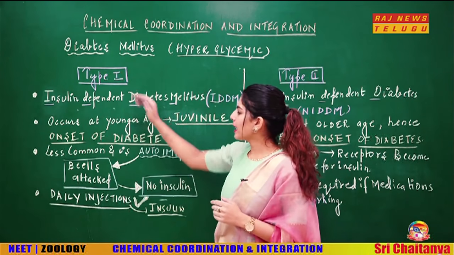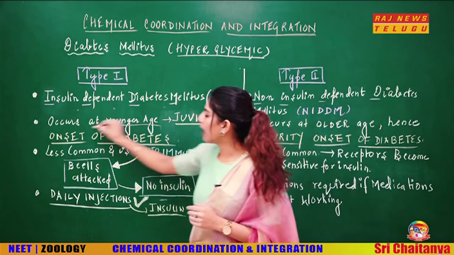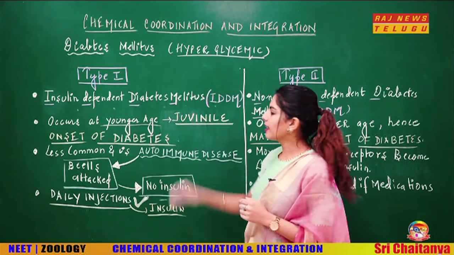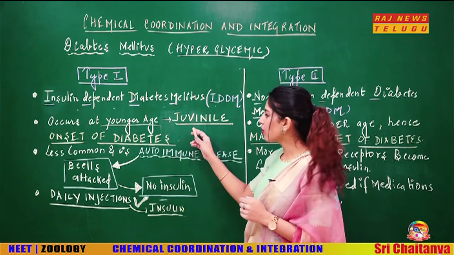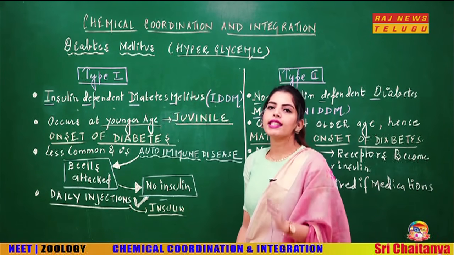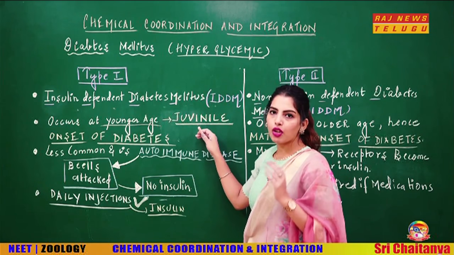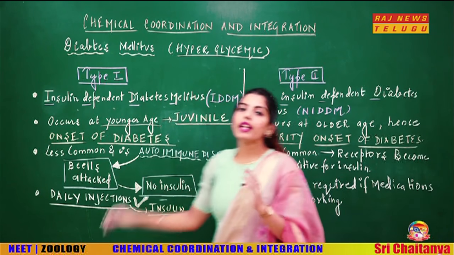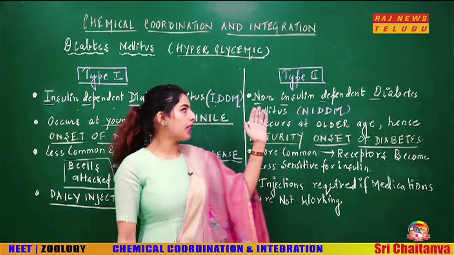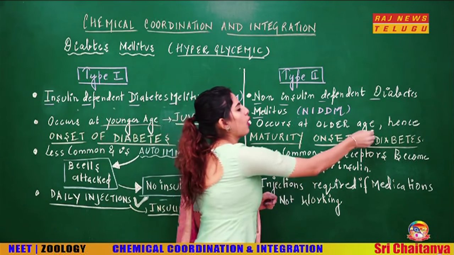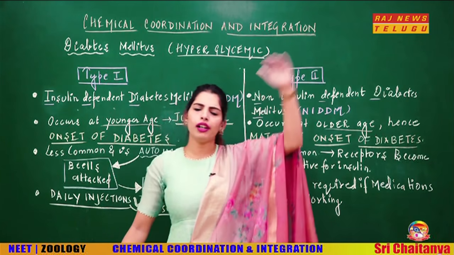Alright, type 1 occurs at a younger age, and since it occurs at a younger age, it is also called juvenile onset of diabetes. Whereas type 2 occurs at an older age, usually old age.